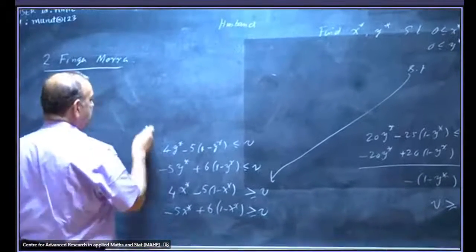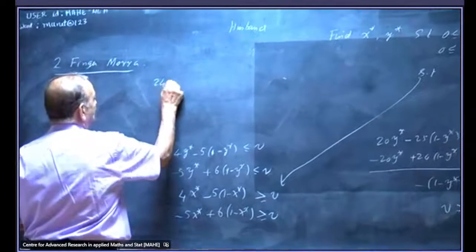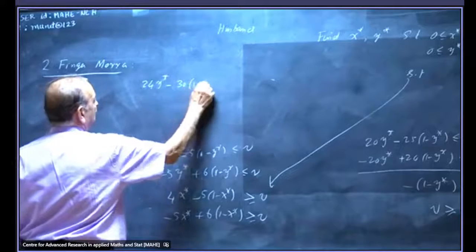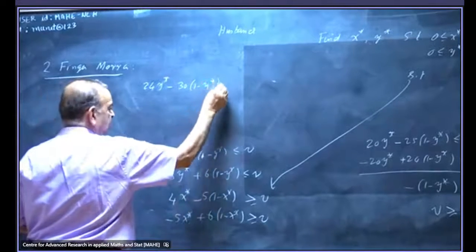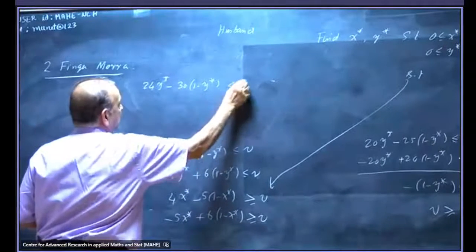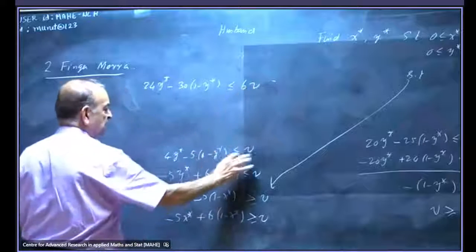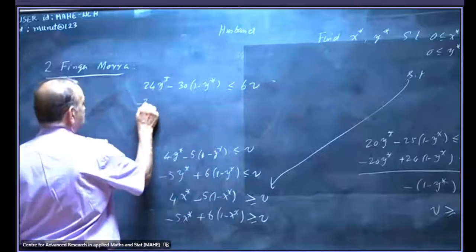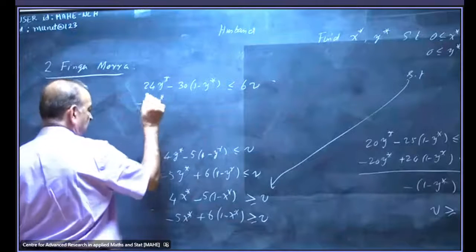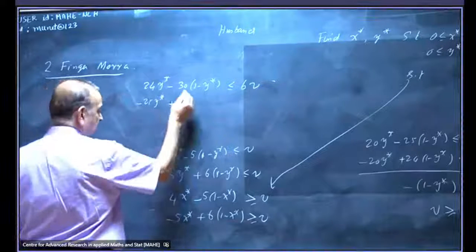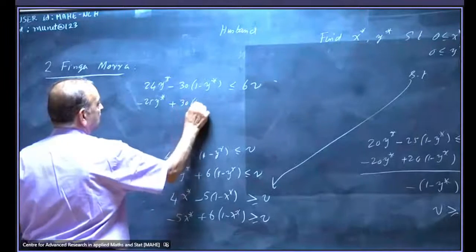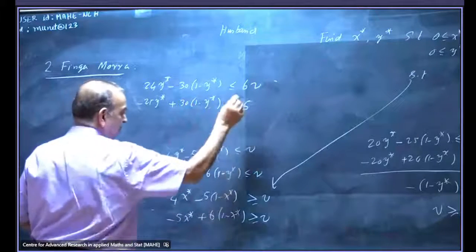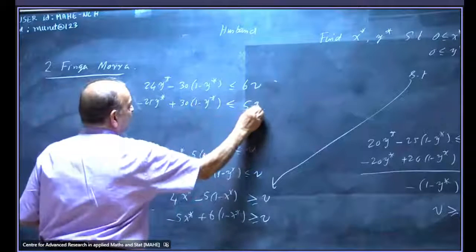I multiply this by 6, 24y star minus 30 times 1 minus y star is less than or equal to 6b. If I multiply this by 5, minus 25y star plus 30 times 1 minus y star is less than or equal to 5b.